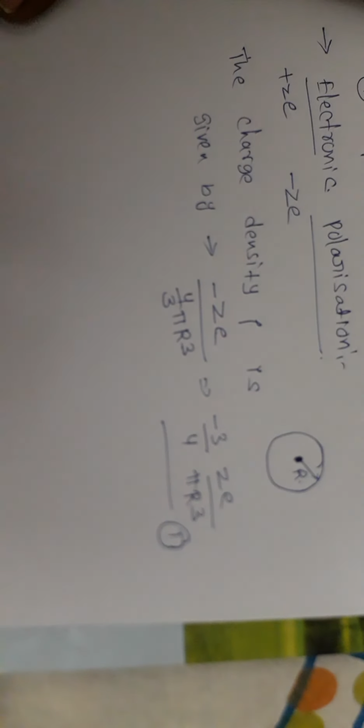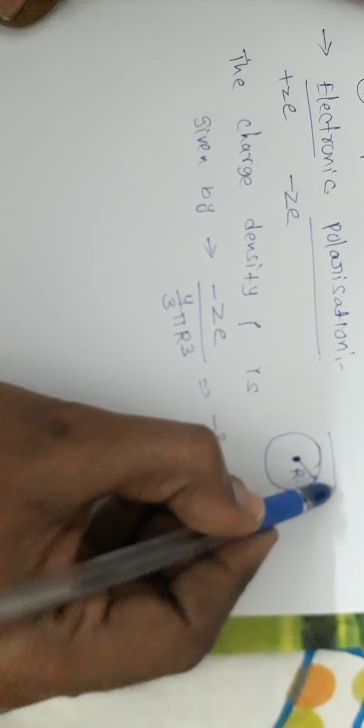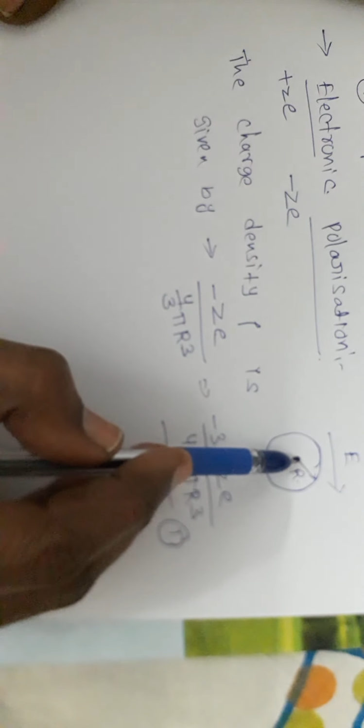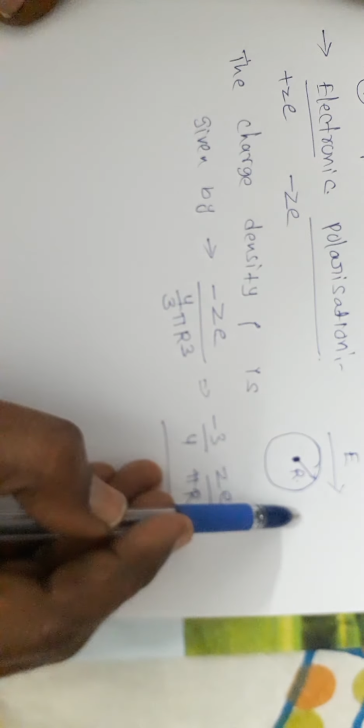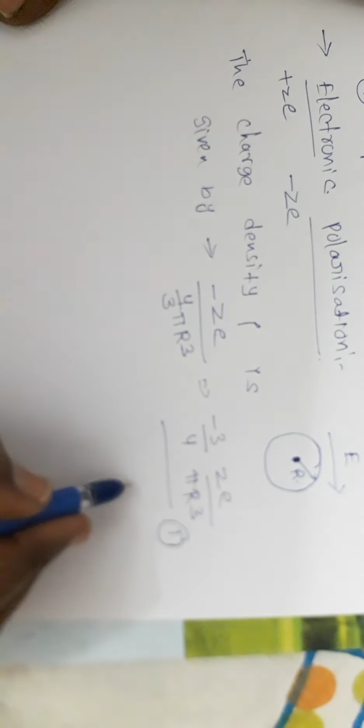Next, when the field is applied in this direction, the center of the positive charge moves along the field direction and the center of the negative charge moves opposite to the field direction.